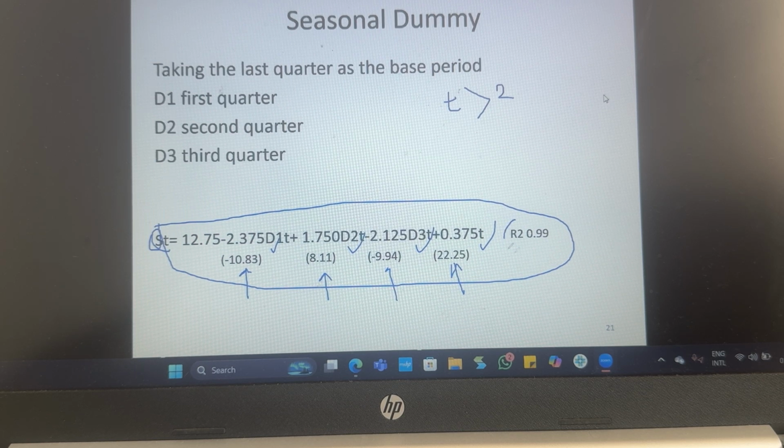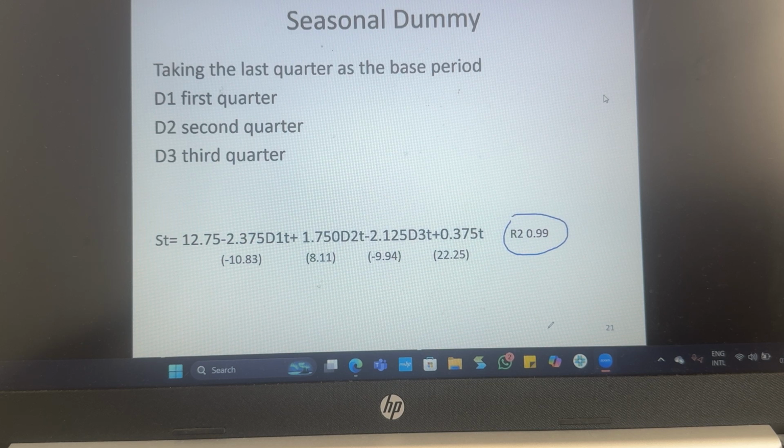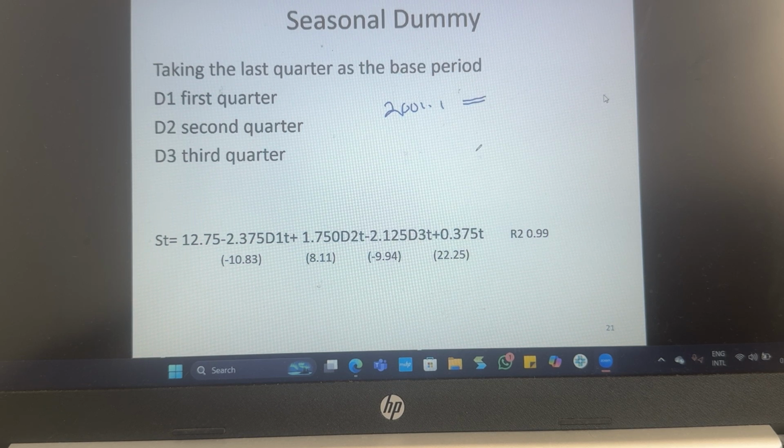Okay, so what is this? What is this one? Come on. Okay, no need. Now I am asking you to take the 2001 first quarter forecasted value using this one.